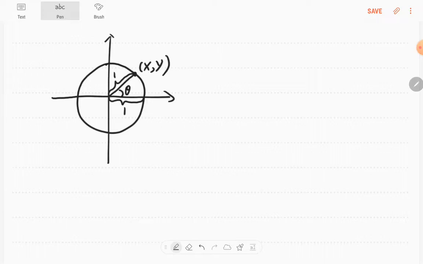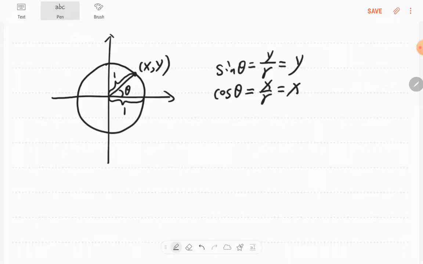So we know that sine theta is equal to y over r, so it's equal to y. Cosine theta is equal to x over r, which is x. And tangent theta is equal to y over x.